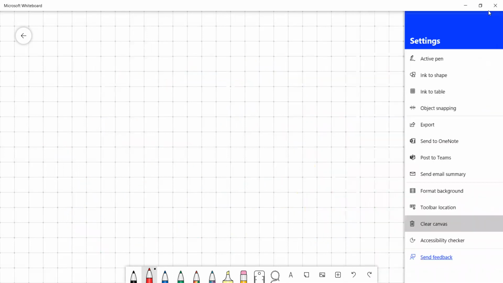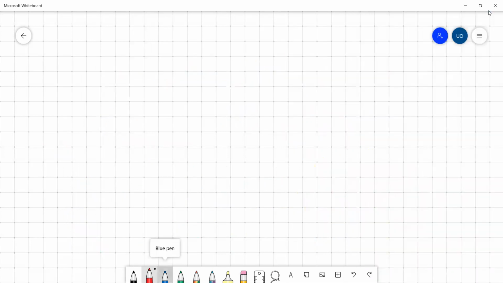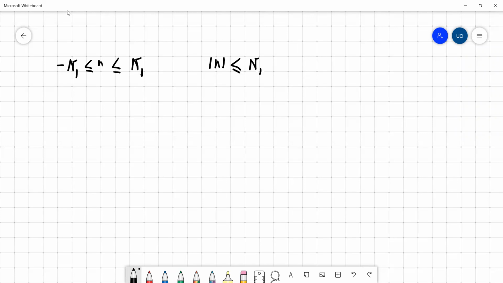So let's see how we can move forward. How did it take the range? How many samples are there in the sequence? If this is between minus N1 and N1, it is represented as mod n less than or equal to N1.